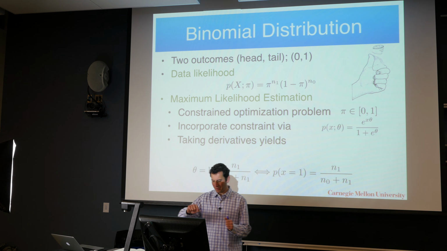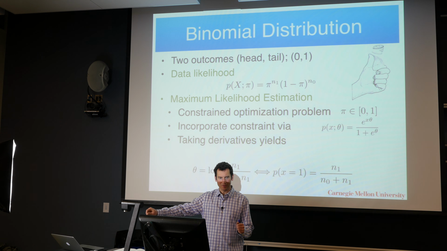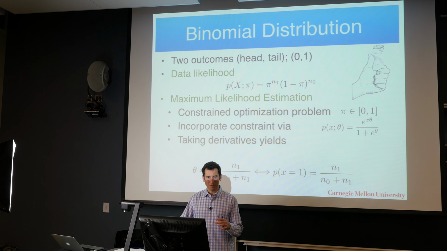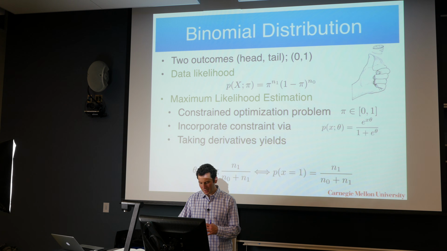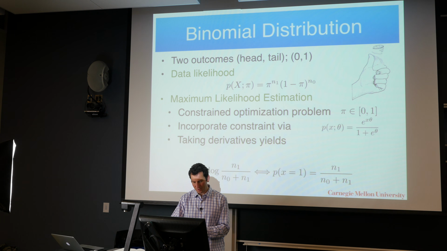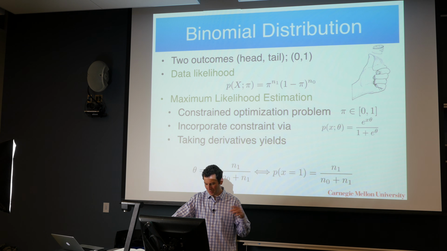This is if I have an explicit sequence of all those outcomes. If I want to deal with all possible sequences, then I have to use combinatorial coefficients with that. But for the moment, let's assume that I know exactly what the values of x1, x2, up to xn are. So it's really pi to the number of times that a 1 occurs, times 1 minus pi, because that's exactly the probability of zeros, raised to the power n0.